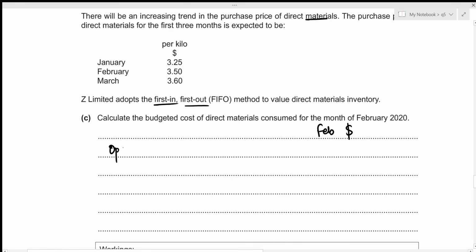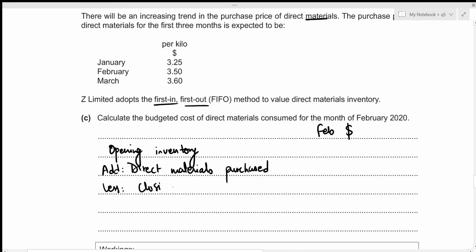So we start with the opening inventory, we add the direct materials purchased. And we then subtract our closing inventory. And this will give the cost of raw materials consumed.